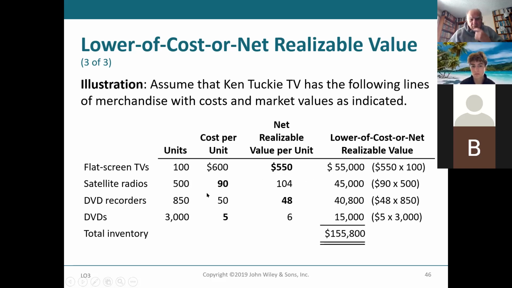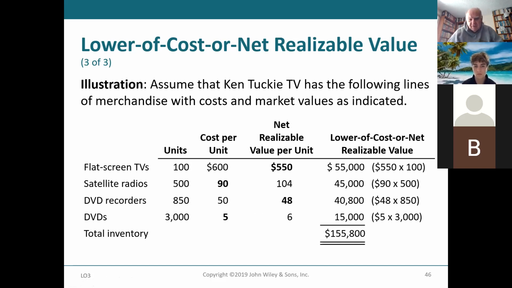Satellite radios. We purchased them for 90 and we're selling them for 104, so we don't have to do anything. The 90 is the correct number. 90 is lower. 90 times 500 equals 45,000. Let's look at the DVD recorders. We had 850. We paid $50 apiece, but the market says they're only worth 48.